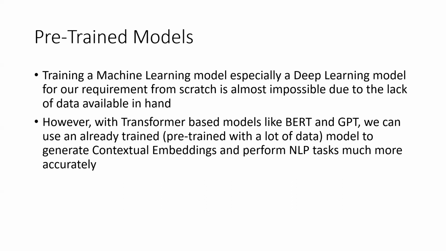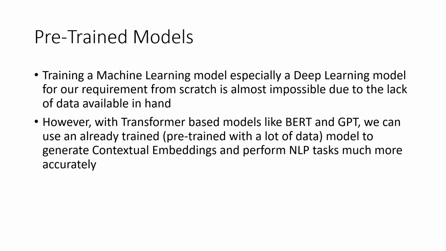How language is built, how sentences are connected, how grammar is working, how the physics is working in this world, and all those things are identified by this pre-training. That means first you train the BERT or transformer or whatever transformer-based model with a huge amount of text data, which is known as unsupervised learning, where you don't have to label the data and make data sets to train these kinds of models.